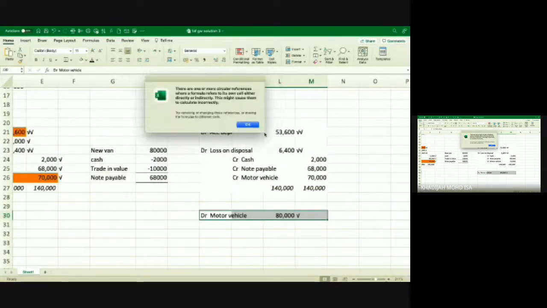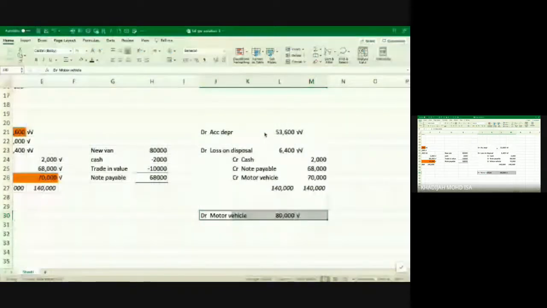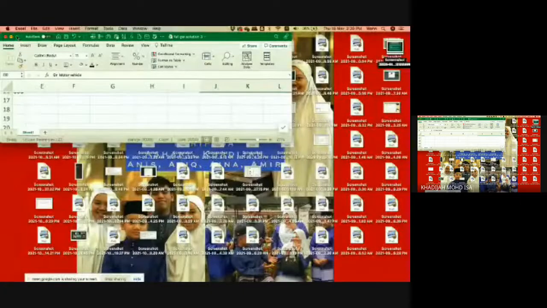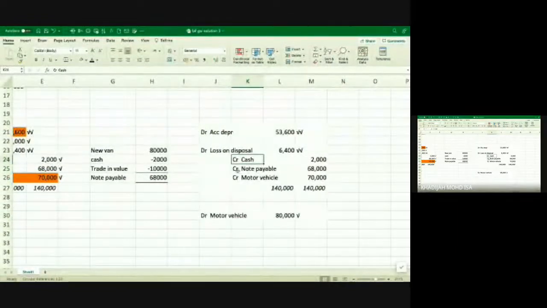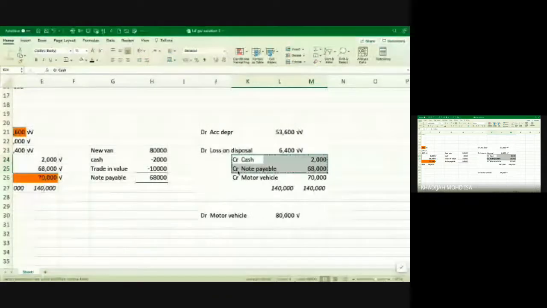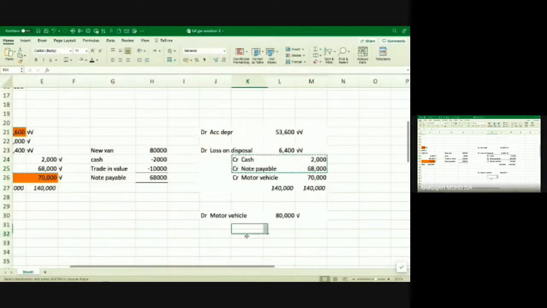And then how do I pay the motor vehicle is through paste.